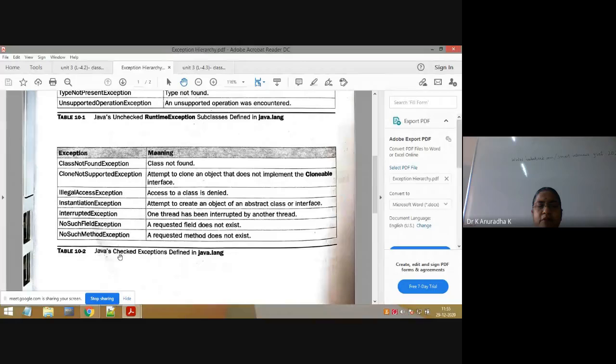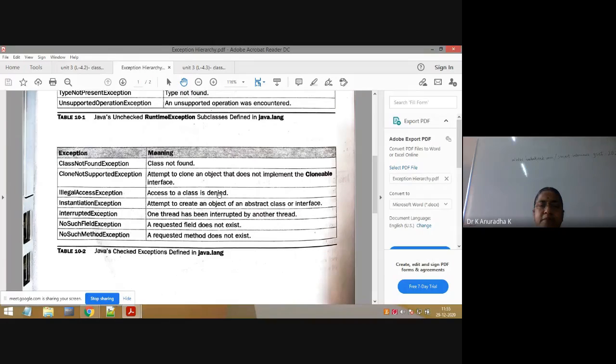See, this is the second table which is given in Complete Reference: Java's checked exceptions defined in java.lang. So whether checked exceptions or unchecked exceptions, all the exception classes are there in which package? The java.lang package, which is a predefined package. That's why, to write programs with exception handling, there is no need to write an import statement like import java.lang.*, because java.lang is the default import statement provided by the compiler for all programs, even if you don't write it.